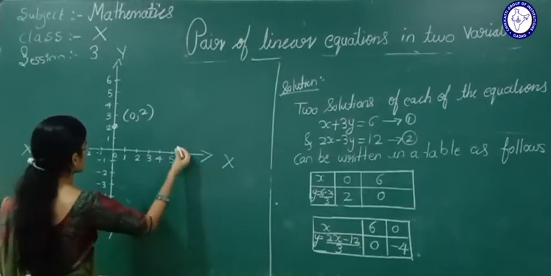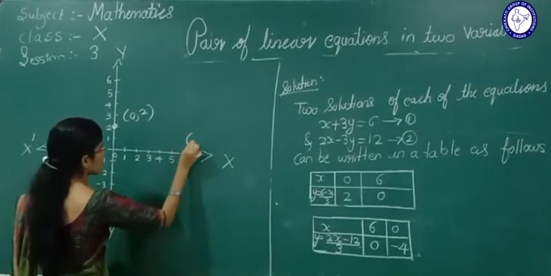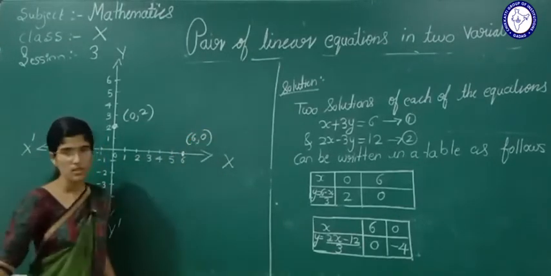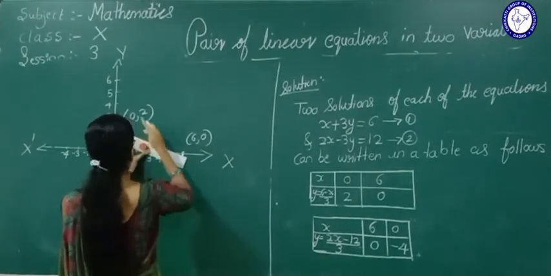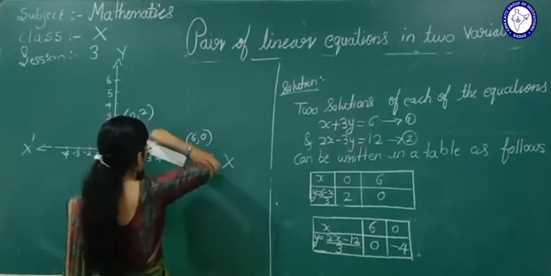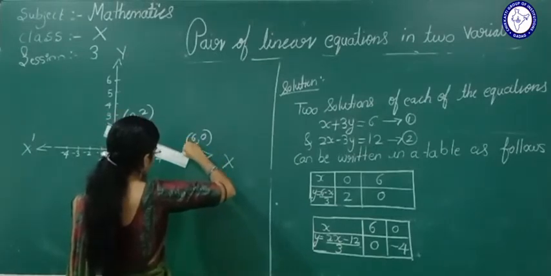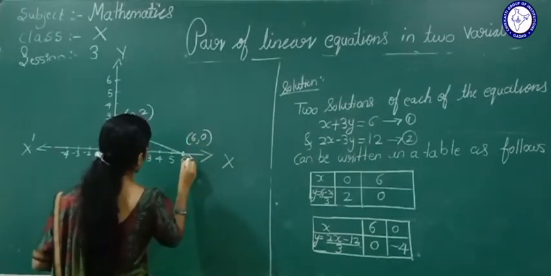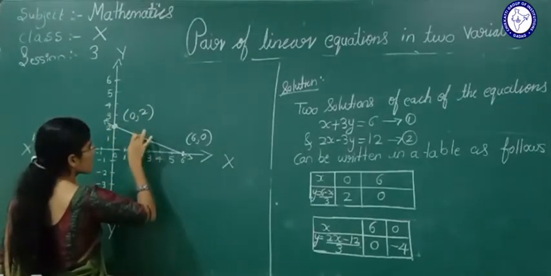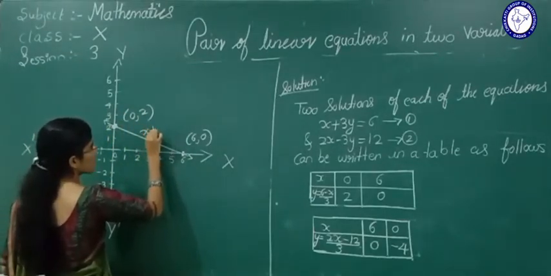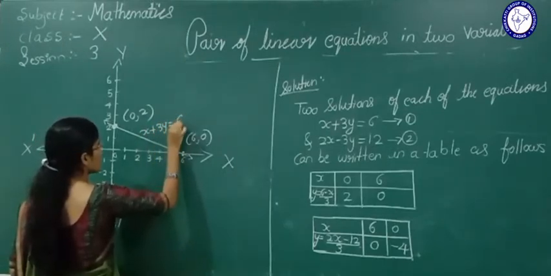Yes, (6, 0). So we will join it. We will draw a straight line. So this is the straight line for the equation x plus 3y is equal to 6.